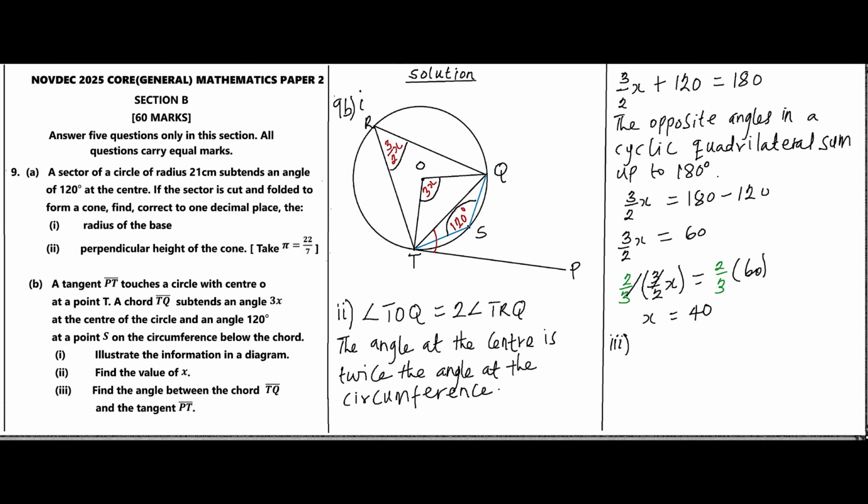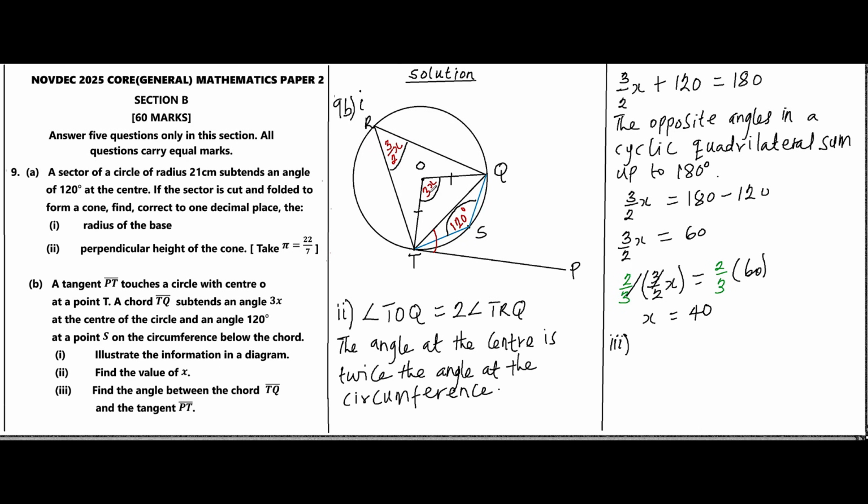Now, to solve for this, this is a tangent. And since O is the center of the circle, it means that line OC, line OQ, and line OT have the same measure because these are the radii of the circle.